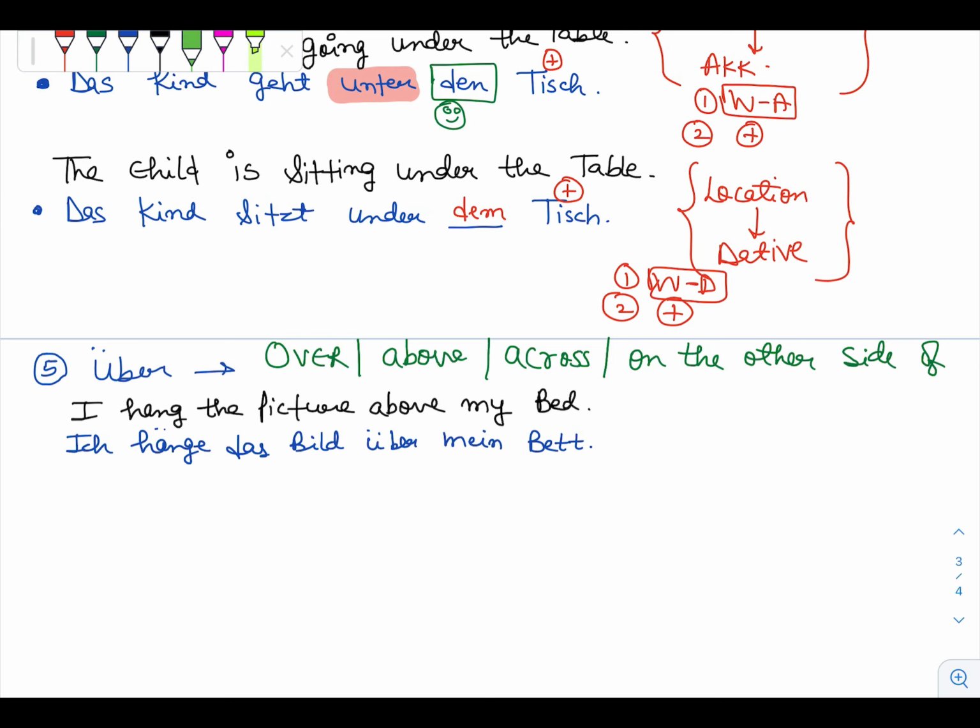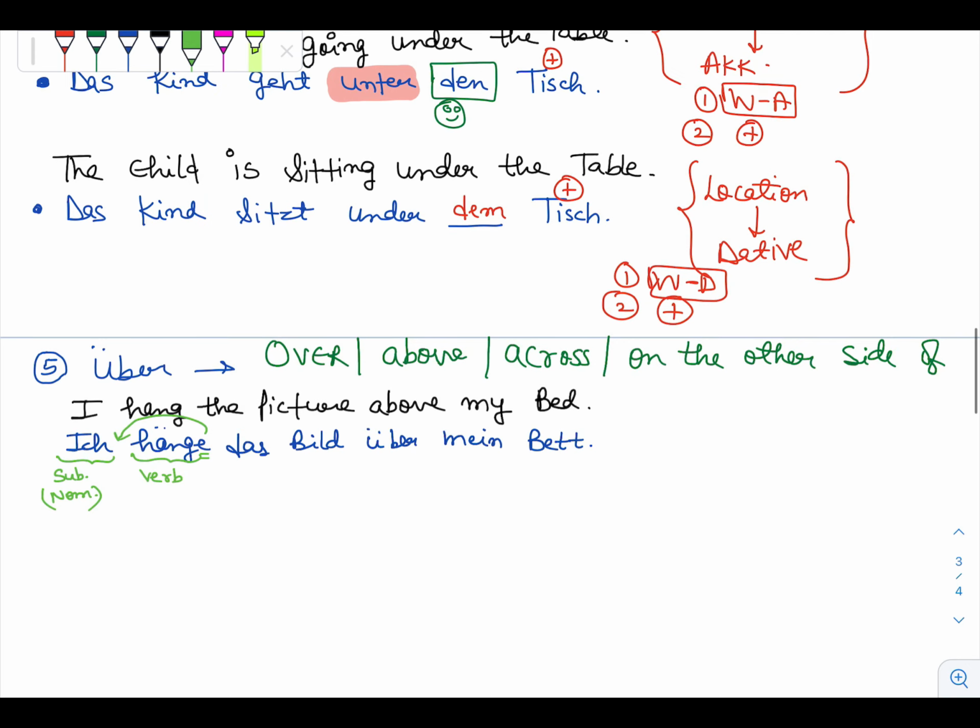Again we will see here subject, verb. Subject means nominative case, verb conjugated according to the subject, ich. Then über is a preposition. Now we need to check preposition über, which comes under Wechsel. So first thing you will check is that it is a Wechsel preposition.